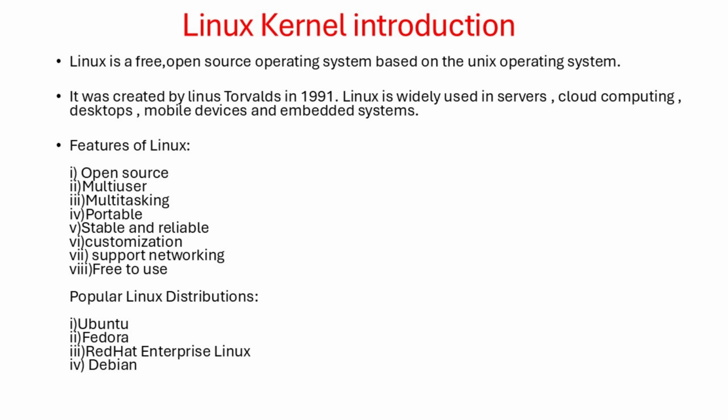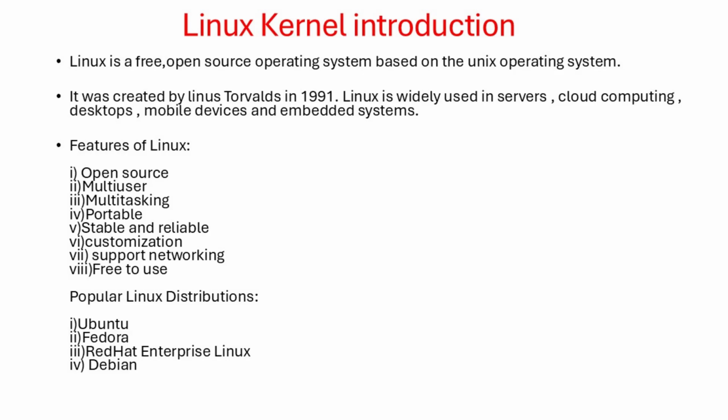The next one is portable. It can run on different platforms. We can run this OS on different hardware platforms, including desktops, laptops, servers, and embedded systems. The next one is stable and reliable.